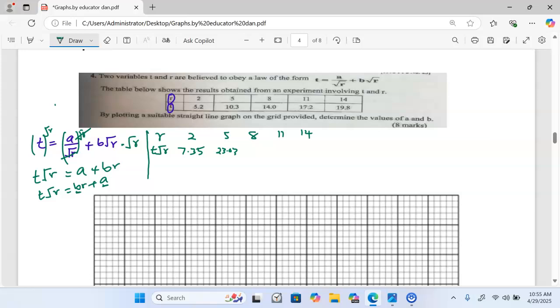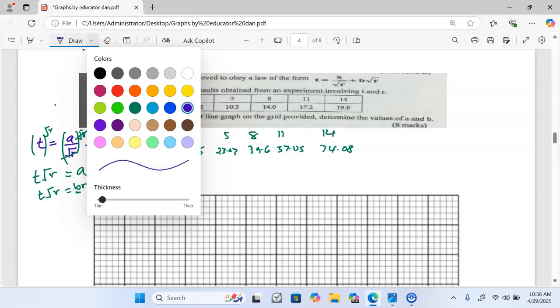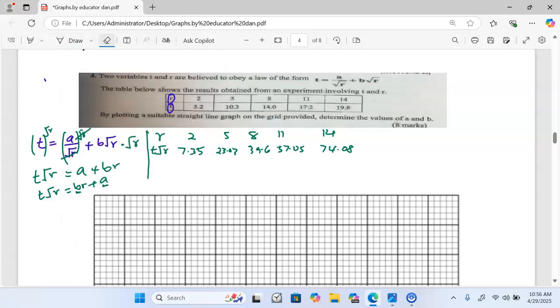Then the square root of 8 times 14 will give us 39.6. Then the square root of 11 times 17.2 would give us 57.05. And lastly, the square root of 14 multiplied by 19.8, you get 74.08.